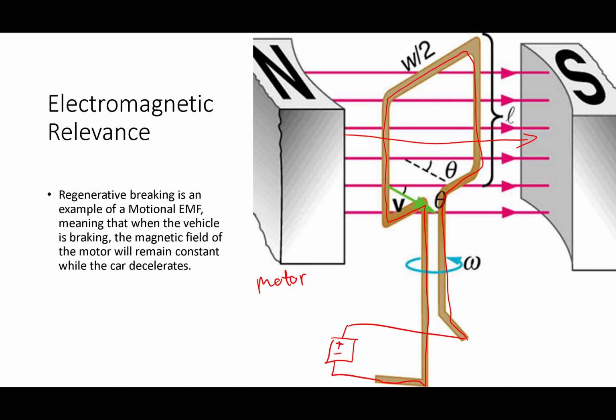And if we wanted to calculate the voltage over here, we would simply write this equation, which is the area of the loop multiplied by the constant B field multiplied by the angular frequency, which is relative to the speed of the vehicle, and we'll multiply that by the sine of any phase at a given time t.